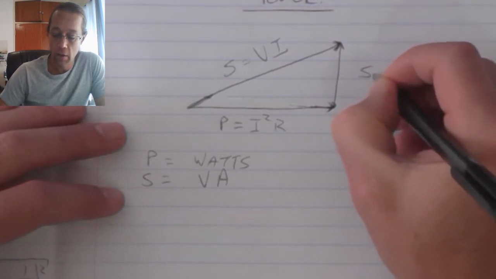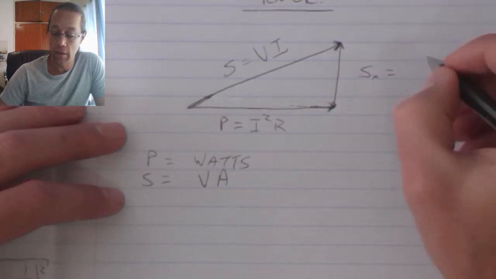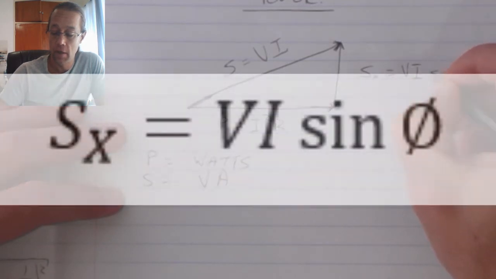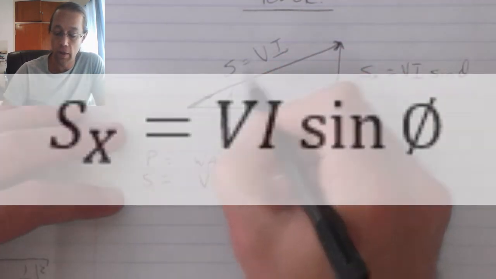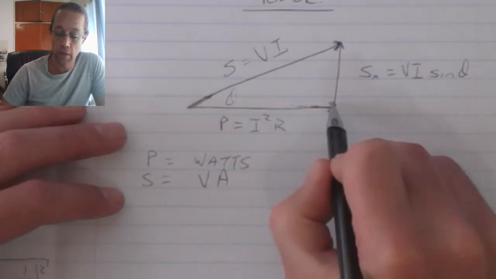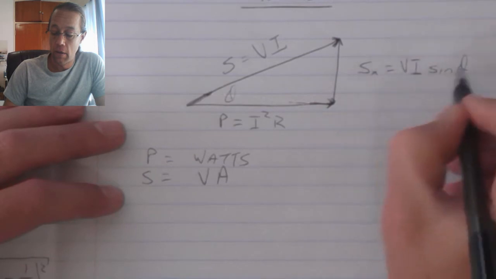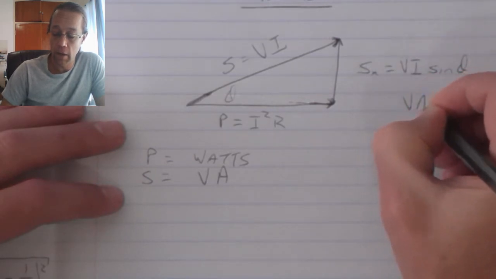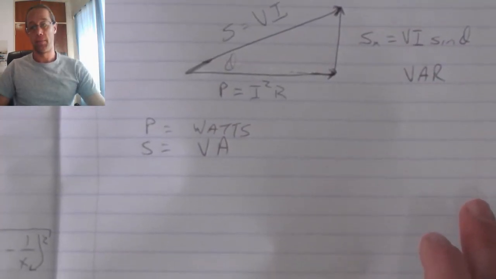So when we calculate the reactive power, Sx, we find that Sx is equal to V times I multiplied by sine theta, where theta would be the angle between the true power and the apparent power. The reactive power is measured in VAR.